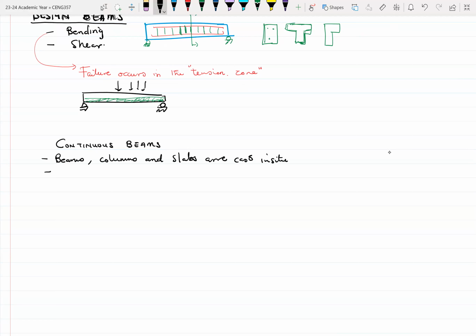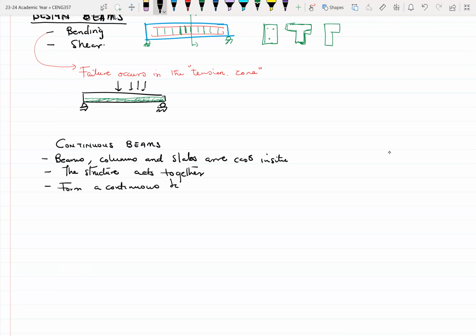Because of that, you'd realize that the entire structure behaves as one, or they act together. If they act together, it means that they form what you call a continuous load bearing structure.